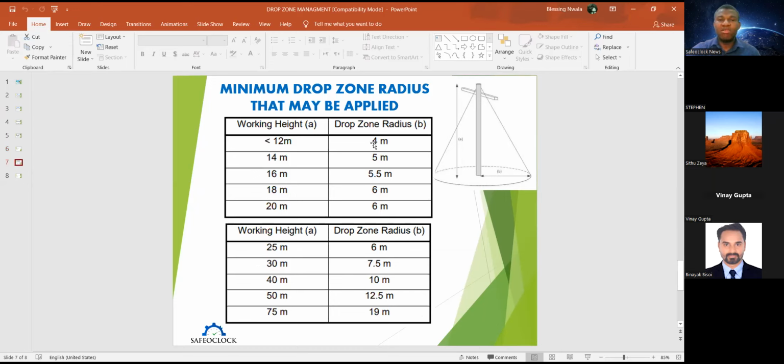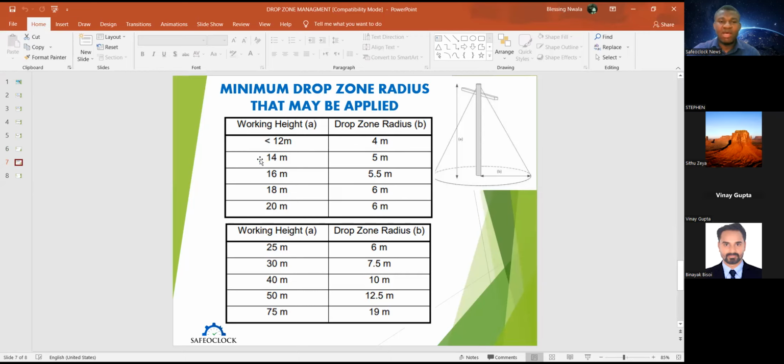Okay, now let's look at this table. This table will help us to establish the minimum radius for each height of the work at height and the drop zone radius that should be established. If the job is being done in less than 12 meters height, then the drop zone radius should be about 4 meters.